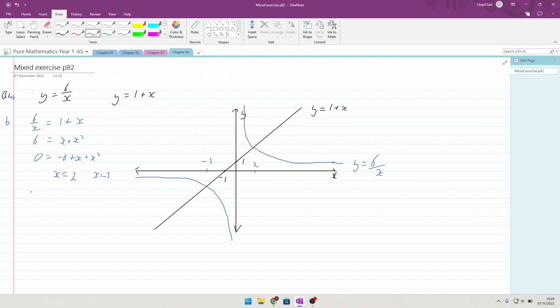So we can say that y is equal to 6 divided by 2, and also y is equal to 6 divided by minus 3, giving us equals to 3 and equal to minus 2. So this point here is minus 2, and this point up here is 3. So to finish it off, you've got 2, 3, and you've got minus 3, minus 2.